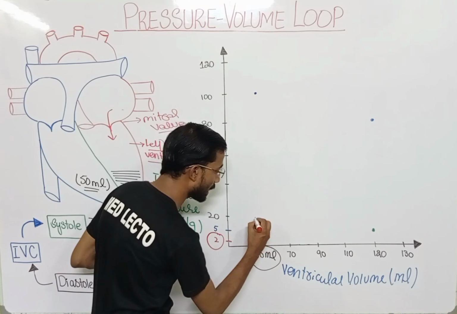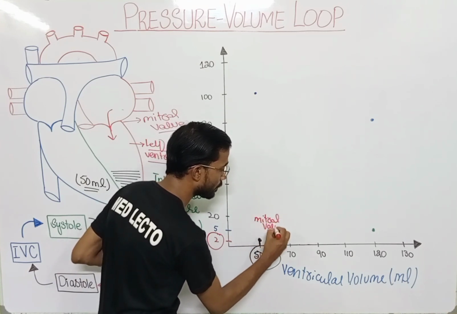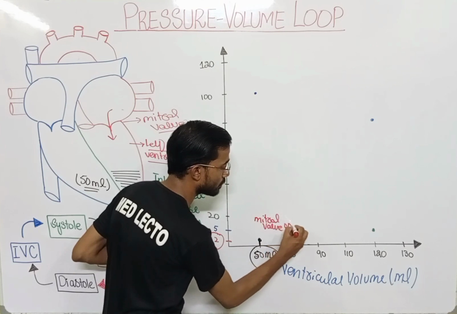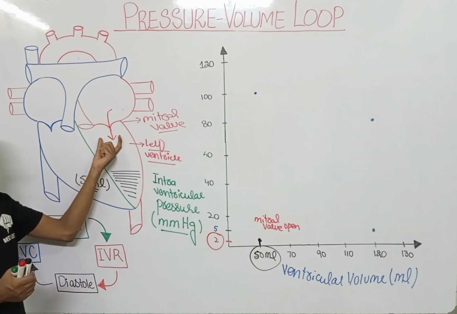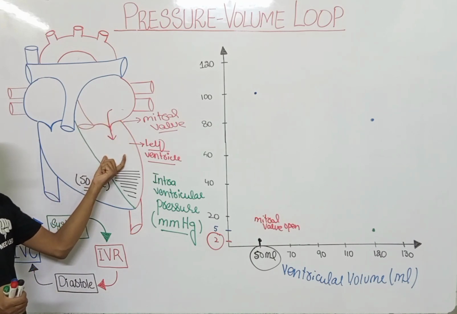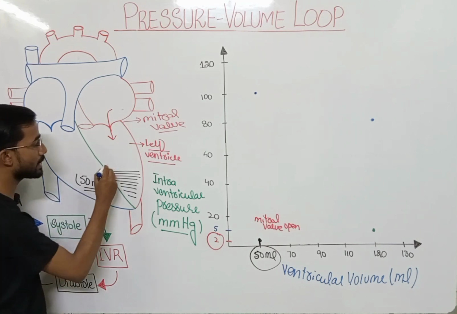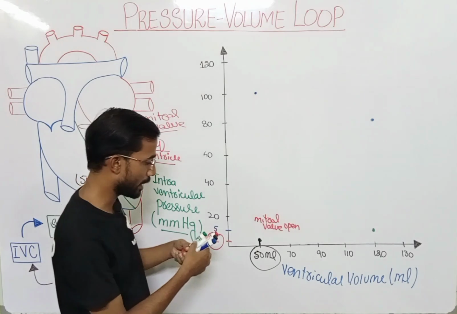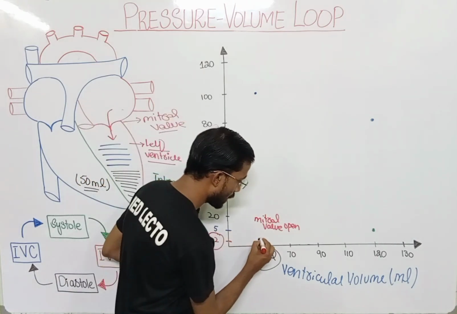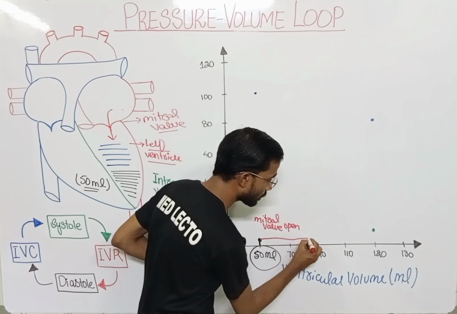This is the point at which the mitral valve opens. When the mitral valve opens, blood starts moving into the left ventricle. It means the volume starts increasing in the left ventricle.